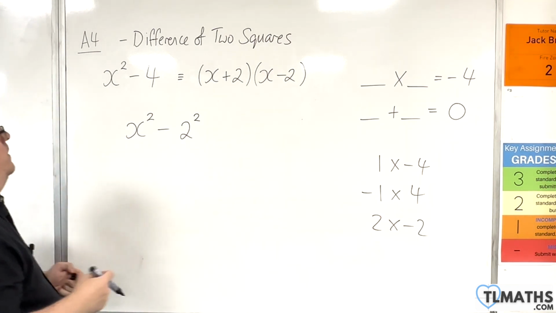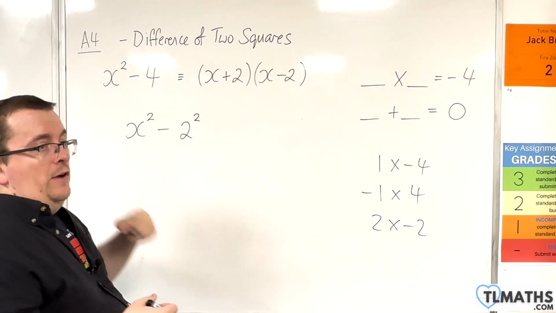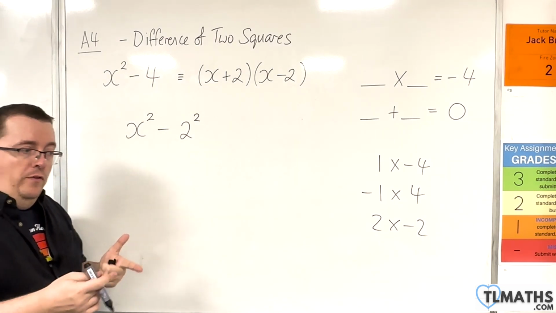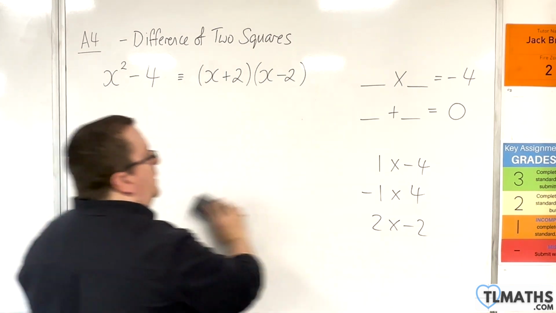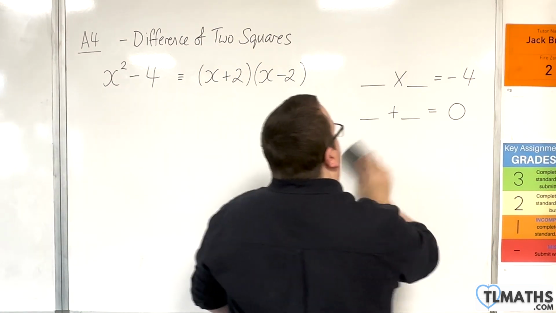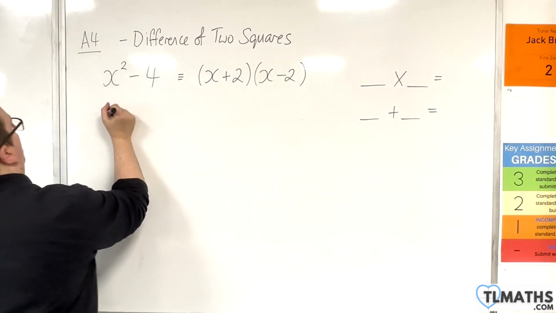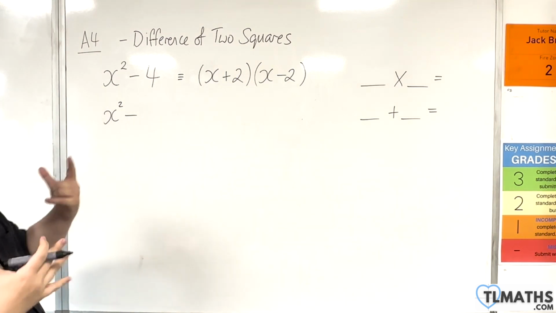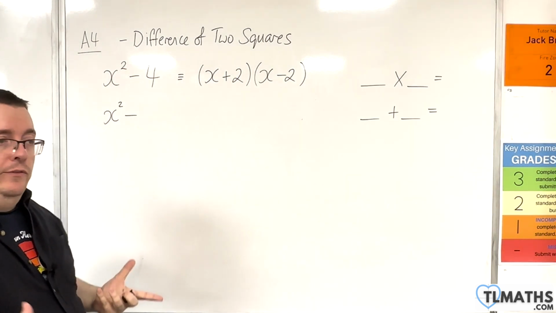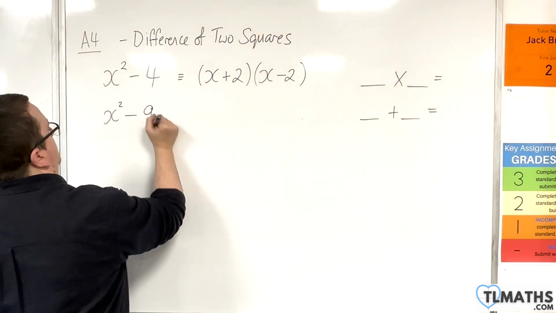So what we're then looking for is the square root of the value that you've got there. So let's say in another example, we've got x squared, and it's got to be takeaway here in order for us to factorise it, because it's got to be a difference. So x squared take away 9, let's say.